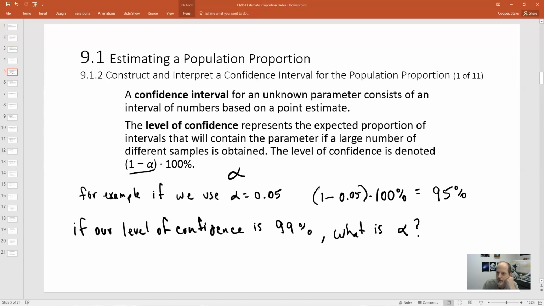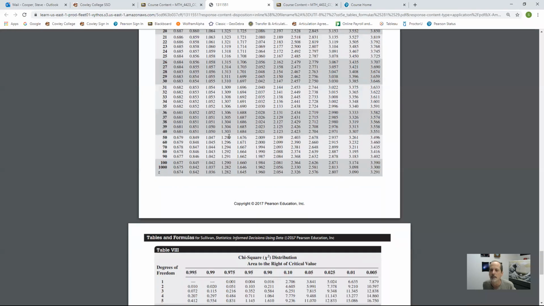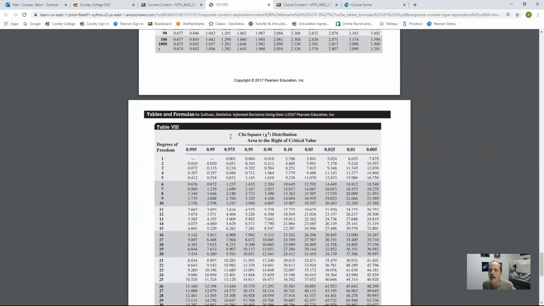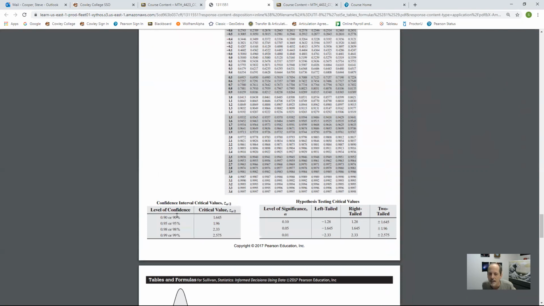Think in the other direction: what is alpha if we're using a confidence level of 99%? 0.01. Okay, so really it's just the complement of the decimal form of the percent level of confidence. Typically we'll find a 95 or a 99, so there are some common ones. In fact, if I go back to table 5, some of the common levels of confidence are shown here: 90%, 95, 98, 99.